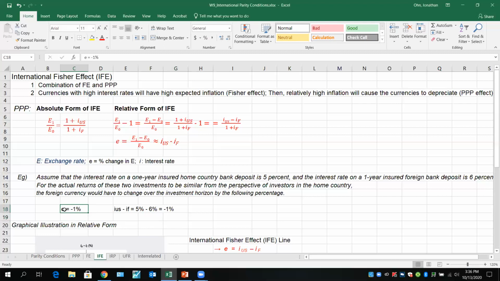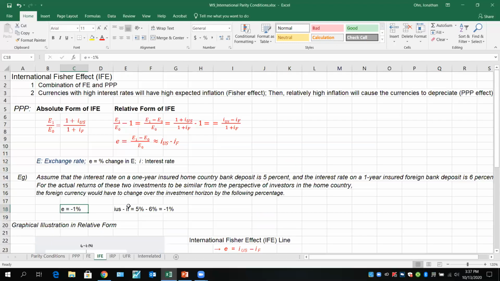So to get the minus 1%, the exchange rate should depreciate over the next year, next period. By how much? By 1%. Depreciate by 1%. Like this, you have minus 1% percentage change in exchange rate. Straightforward, right?